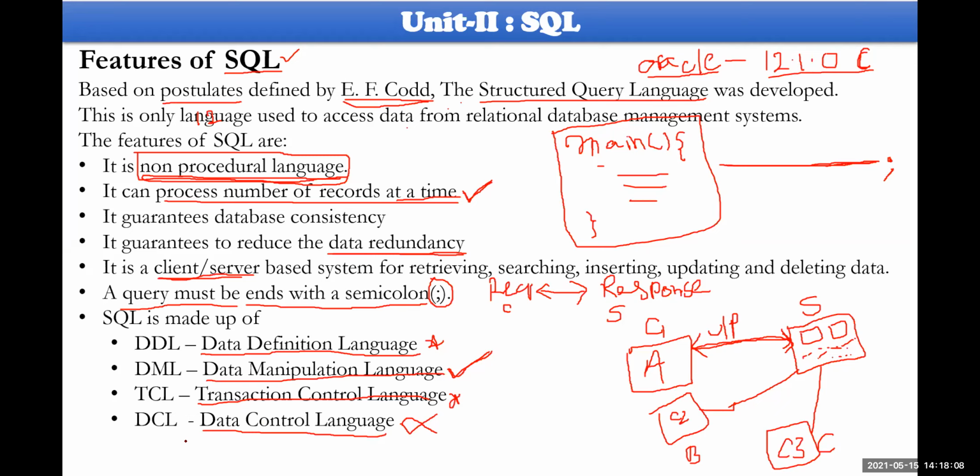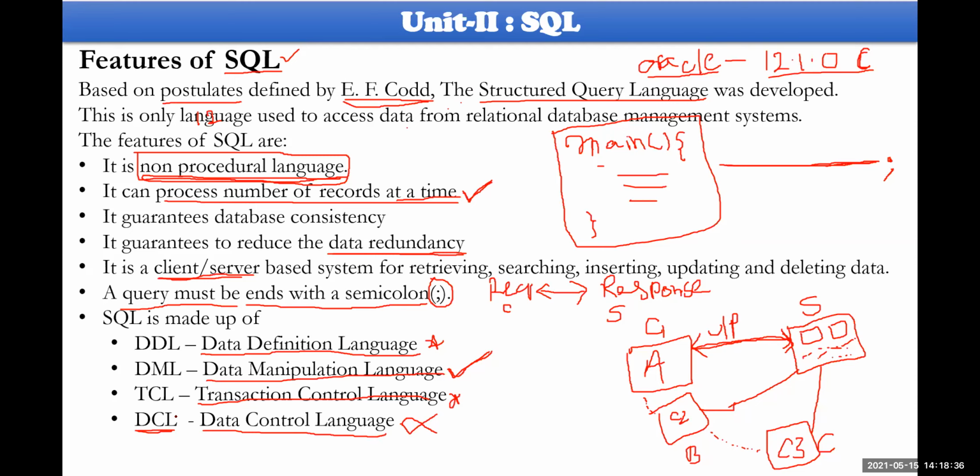So data control language can be used to communicate virtually. It is communicated virtually here, and here also, so that you could get some data from other users also. Other users' data will be taken from other users. Such operations are there, then you have to use data control language.